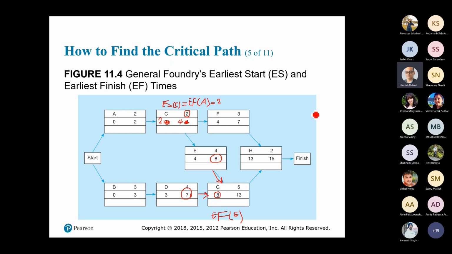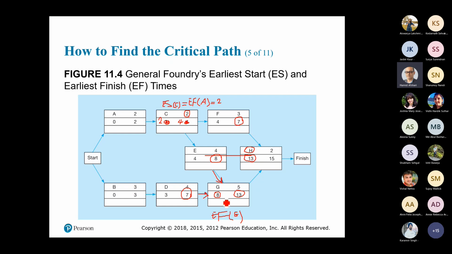Okay, and then here I have 2 arrows going to node H. So what is the earliest finish of activity F? 7. What is the earliest finish of activity G? 13. What is the maximum of them? 13. So that's why I'm going to write 13 here. In forward calculations, I consider the maximum time because I cannot start activity H before activity F and G finish.